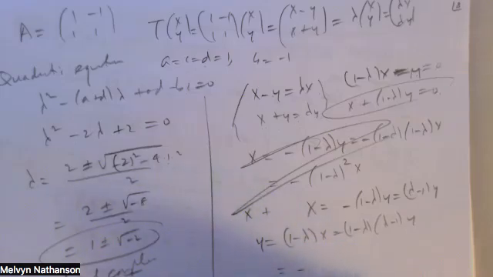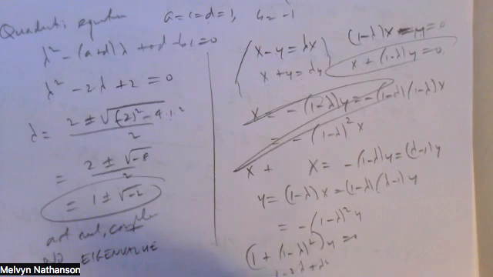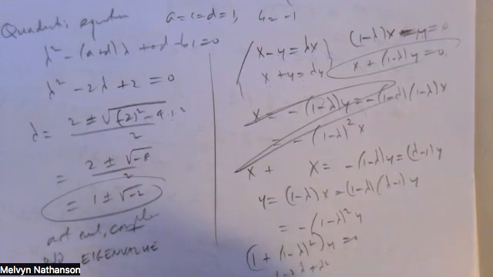This is minus 1 minus lambda squared y. So 1 plus 1 minus lambda squared y equals 0. This is 1 minus 2 lambda plus lambda squared plus 1. This is lambda squared minus 2 lambda plus 2 times y equals 0.